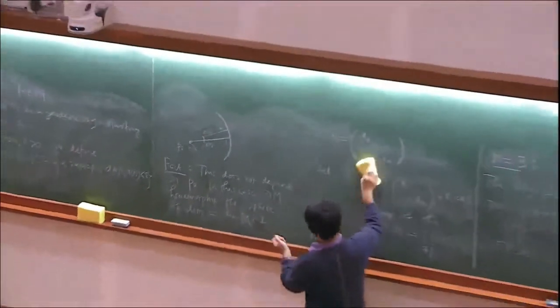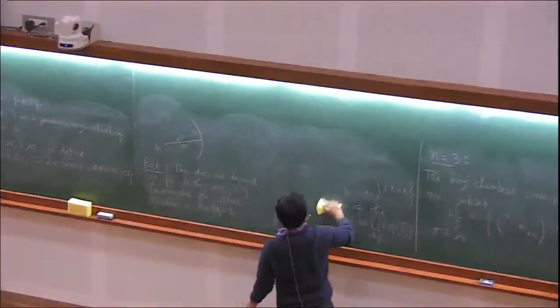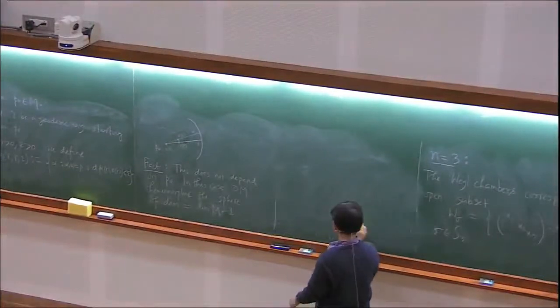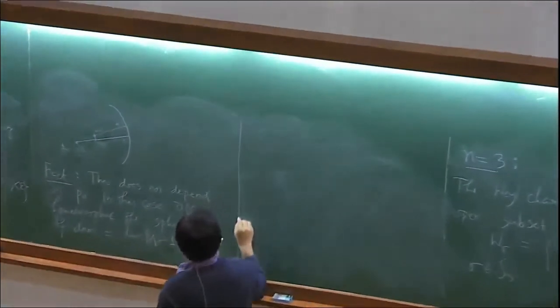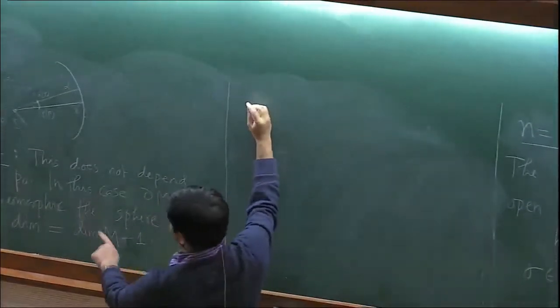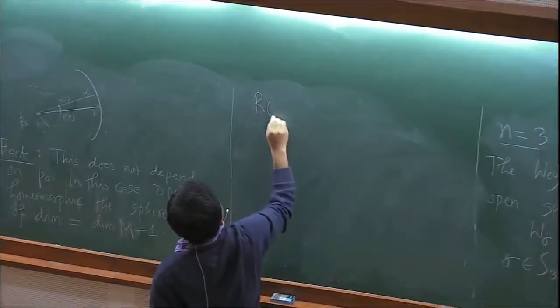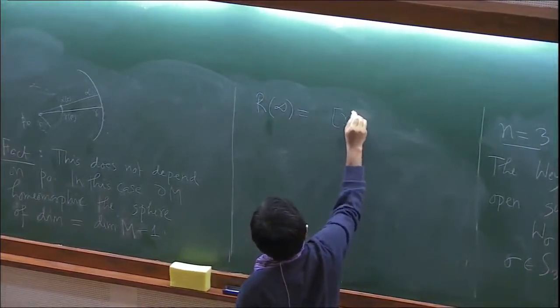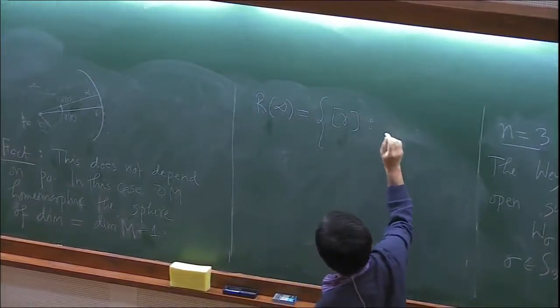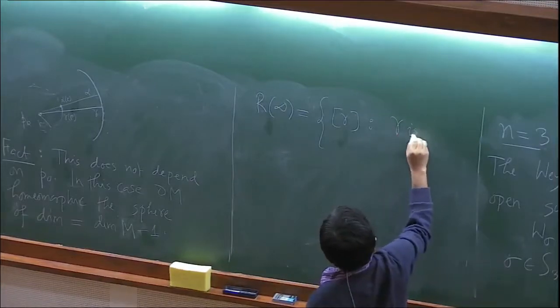One important thing that I need, I just state to define the rest of the things. I don't have time, so I just state most of the things and do not prove. R infinity will correspond to the equivalence classes of geodesic rays gamma, such that gamma is a regular geodesic.